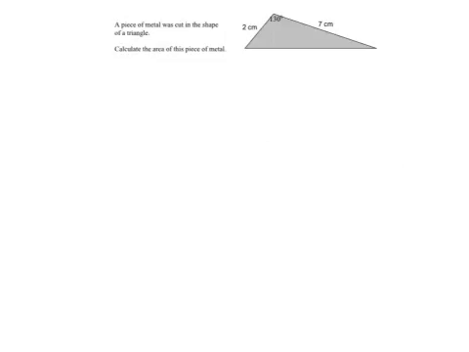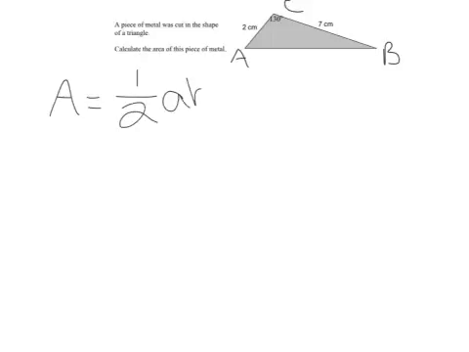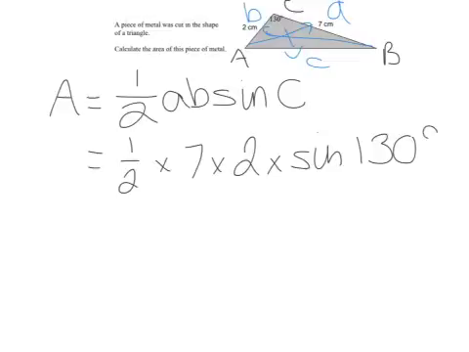Okay, let's try another example. This one has been unlabeled for us, so we can put in the labels ourselves. So I'm going to say that this is angle A, this is angle B, and this is angle C. So my formula again is going to be area equals half AB sine C. And if I go through that process again, this is side A, this is side B, and this is side C. So I'm going to have a half times 7 times 2 times sine of 130.